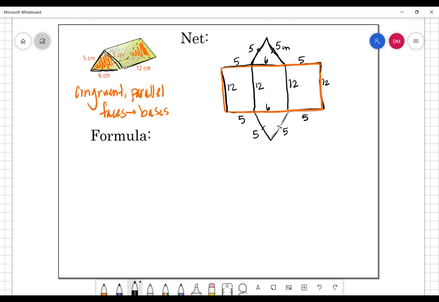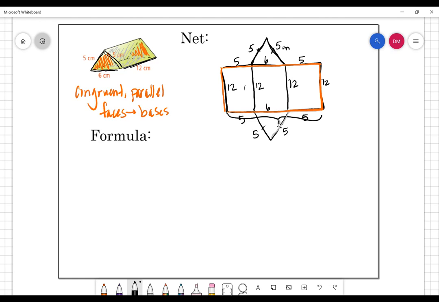So in order to find the base of my rectangle, I'm actually finding the perimeter of my triangular base right here. So 5 plus 6 plus 5, this whole thing would give me 16 times the height of my rectangles here, which is the height of my triangular prism.